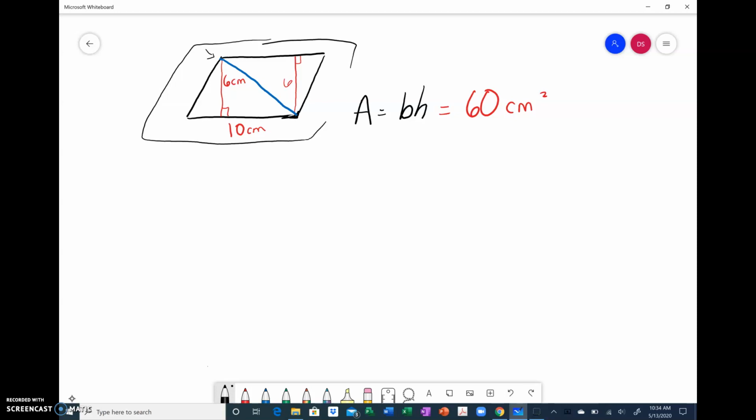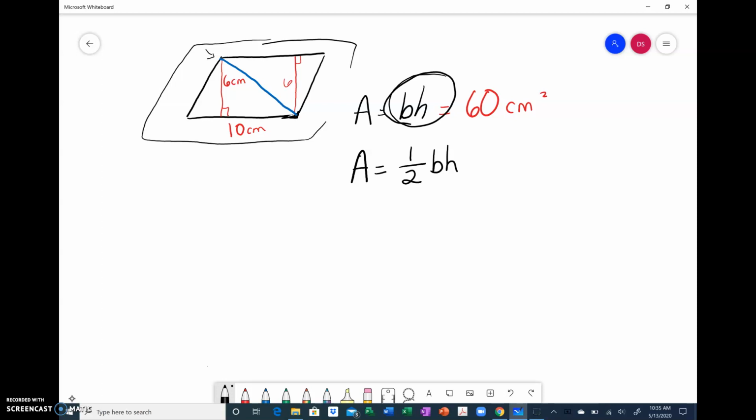And so this triangle's area would be 30, and this triangle's area would be 30. That explanation is why the formula for area of a triangle is 1/2 base times height, because you're just cutting in half the area of a parallelogram. Okay?